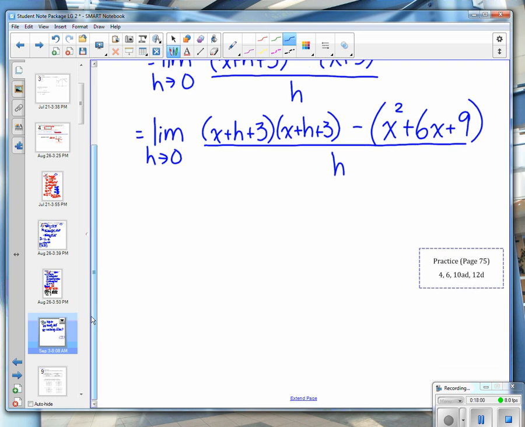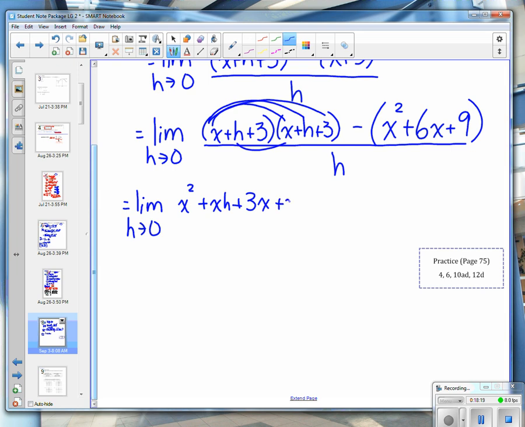Now again, it's just simplify, simplify. So we've got our limit as h approaches 0. We can FOIL this all out. So we've got x times x is x squared plus x times h plus 3x.